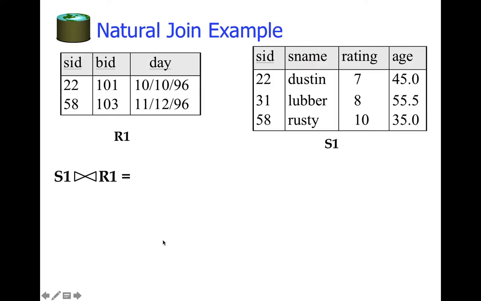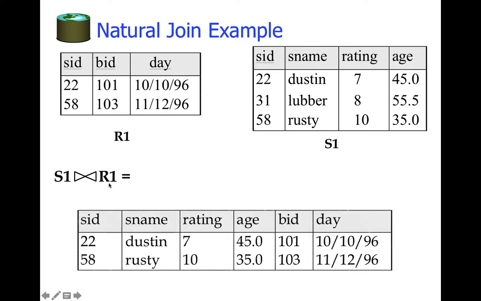Let's see by an example exactly what's happening. If this is R1 and this is S1, then S1 join with R1 will show me only the common ones. So we do the cross product. This is a simplification of the cross product. It's less than the cross product, as you can see. We only show the useful ones.